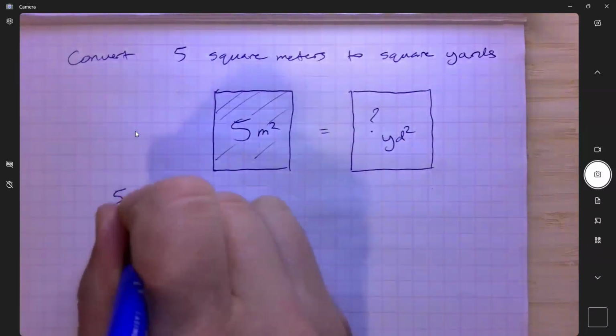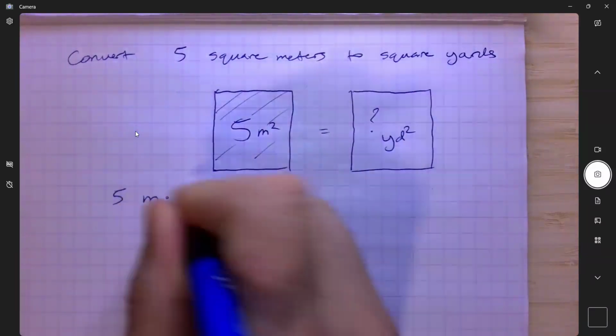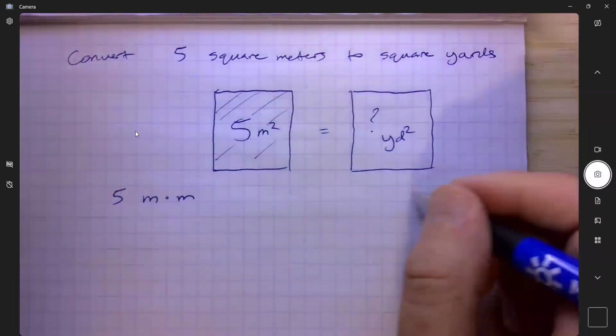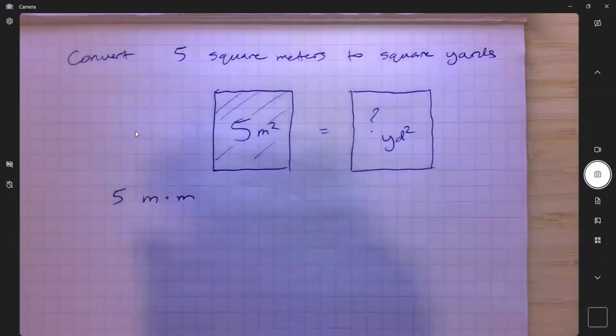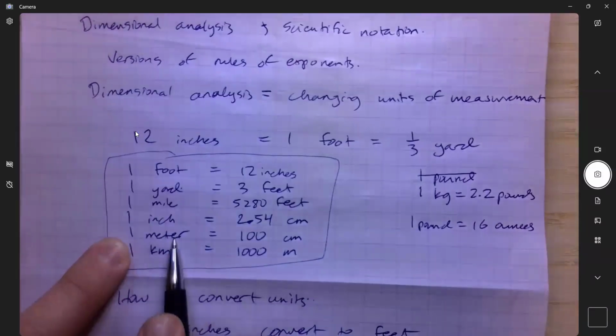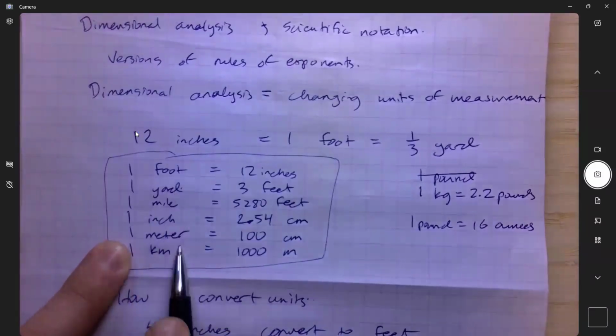So I start with 5 meters squared, so I'm just going to write that as meters times meters. And I want to end with yards squared. But unfortunately, again, if I look at my table, I don't go directly from yards to meters or vice versa.